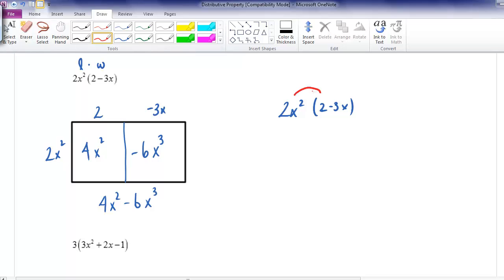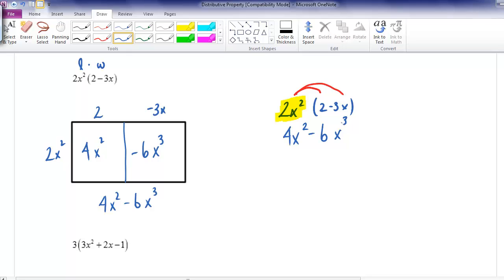And the only thing I want to say about this one is when you have something other than a single x or a number in front of the brackets, you want to make a note to highlight what you are multiplying into the brackets. So right here I've highlighted it's the entire 2x squared, not the x squared or not the 2 just by itself. And regardless, we get the same answer.